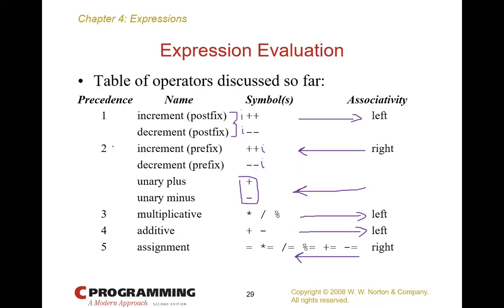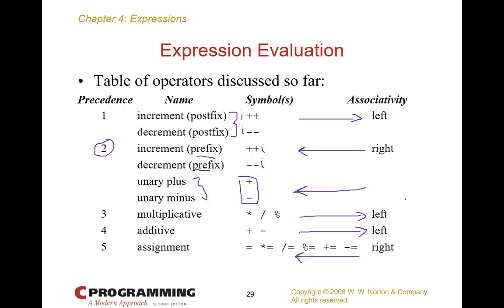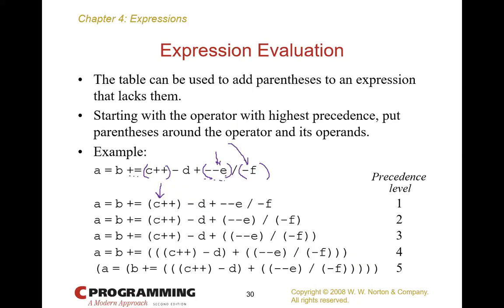Let's go back. In number 2, we have the pre and the unary together. So we do them at the same time. If we have many of them, you understand what we do. We follow the associativity. So we go from right to left.